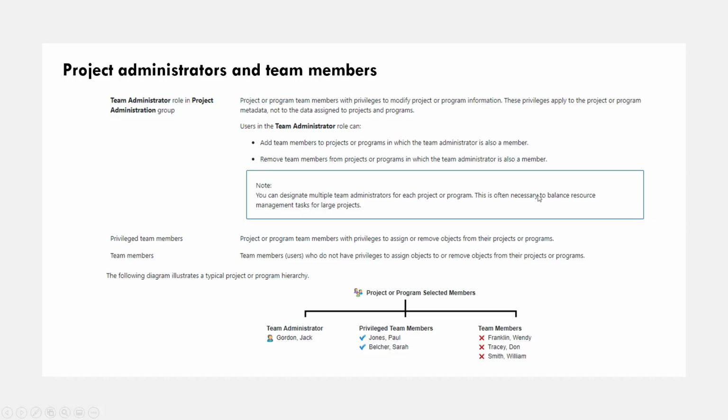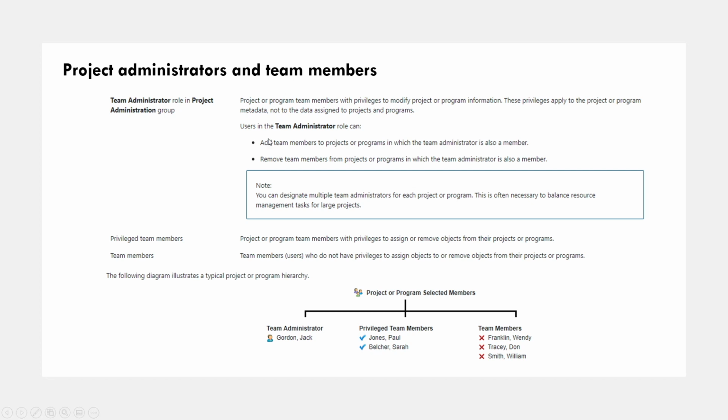Coming to the project administrator and team member hierarchy, let me explain. You have three different roles: team administrator, privileged team members, and team members. The team administrator is the one who can add members to the project and also remove members from the project. So it's kind of a super user.